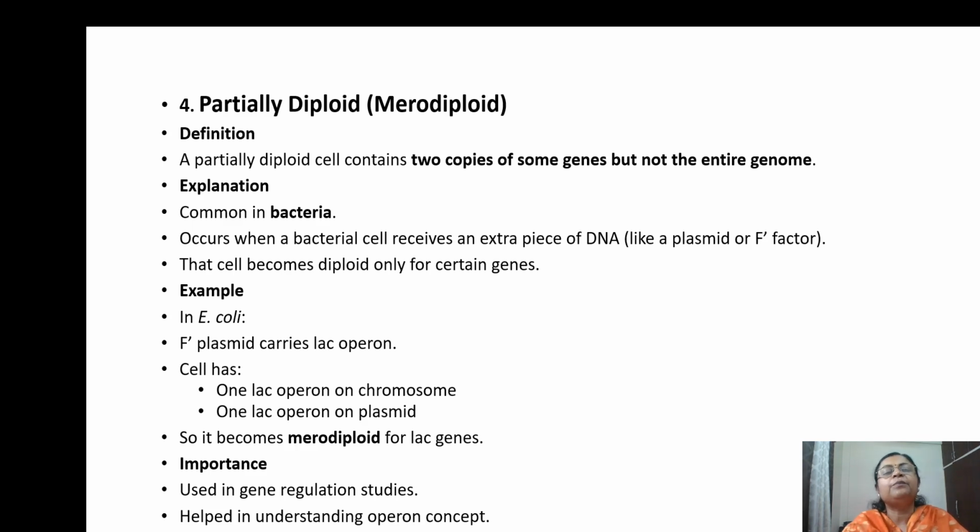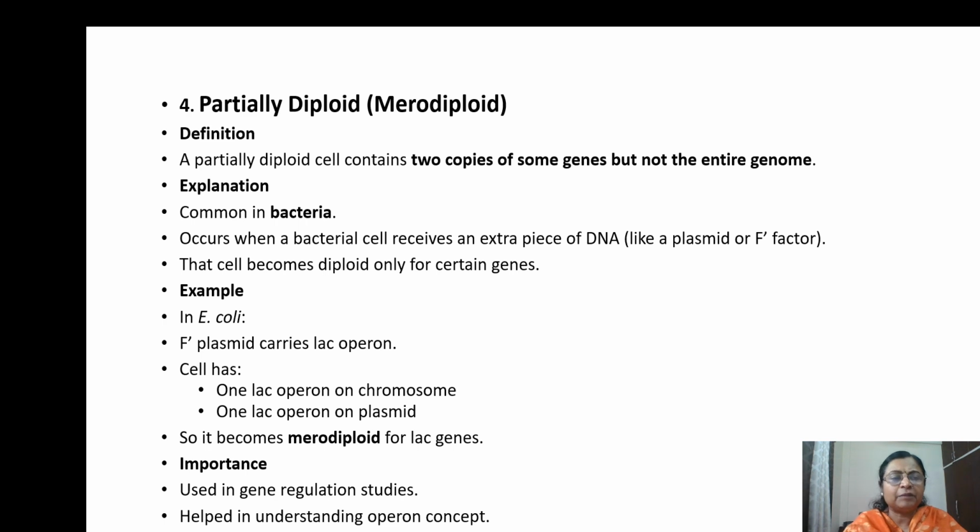Now, partially diploid cell, which is also known as merodiploid. Let's see the definition. A partially diploid cell contains two copies of some genes but not the entire genome. Hence the name partially diploid.